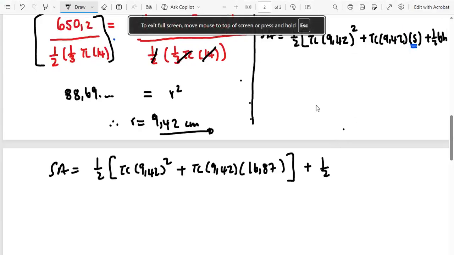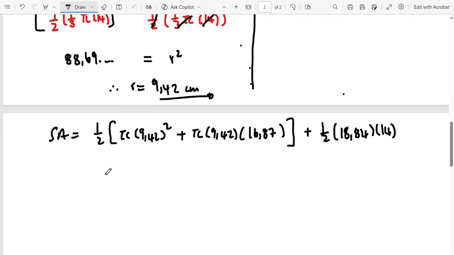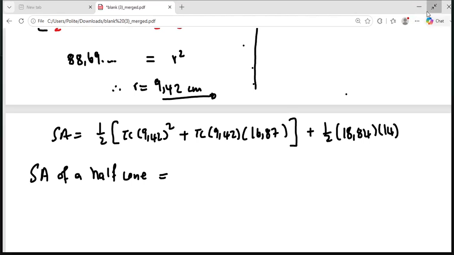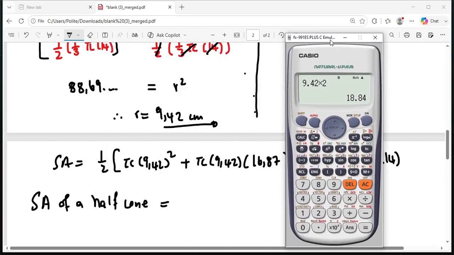So this will be the base of 18.84, and then this is multiplied by that 14. Then you punch everything and you get the surface area of a half cone. This is something you should expect in an exam. Let me quickly punch everything you see on the screen into the calculator.